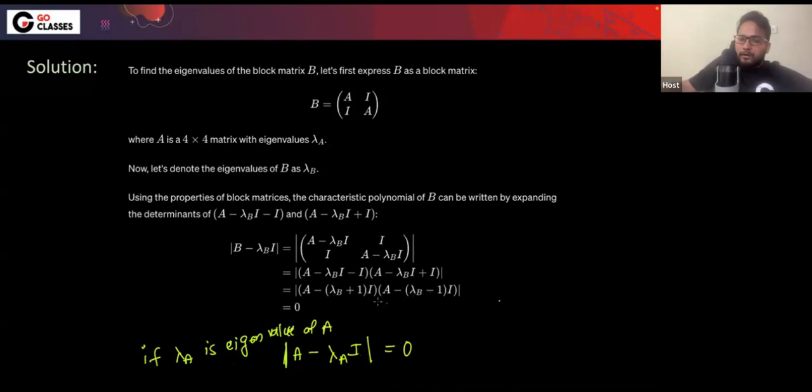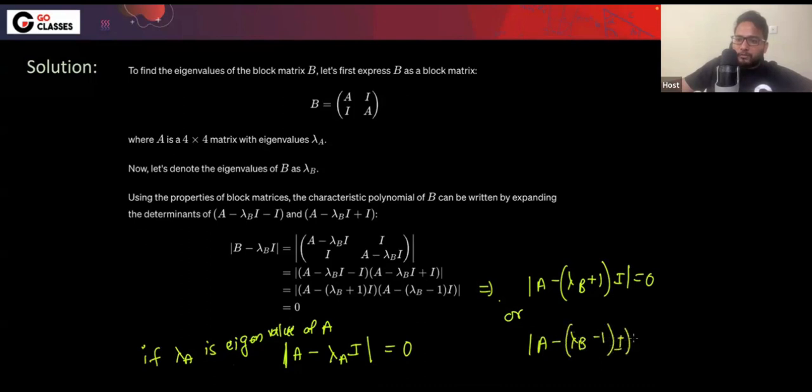Now from here, what we can say is the determinant of A minus (lambda B plus 1) into I equals 0, or the determinant of A minus (lambda B minus 1) into I equals 0. Maybe you are getting it, but let me tell you in more detail.